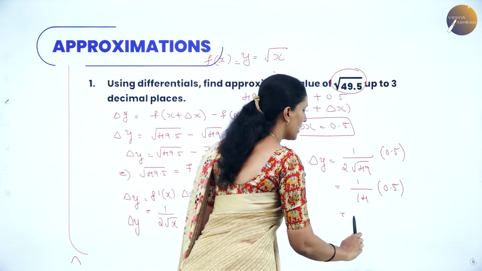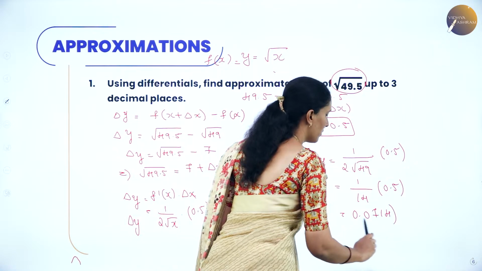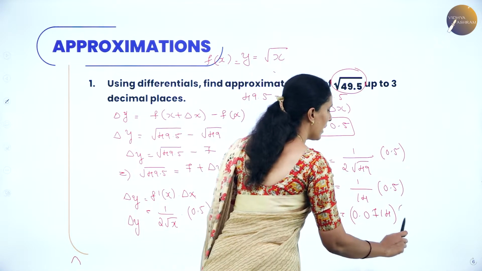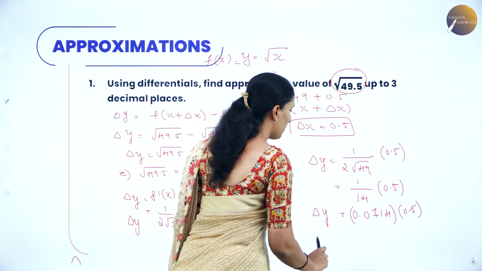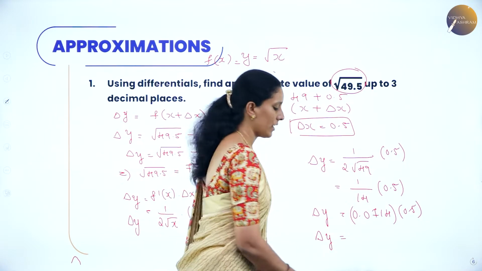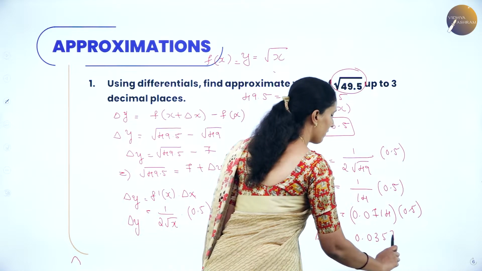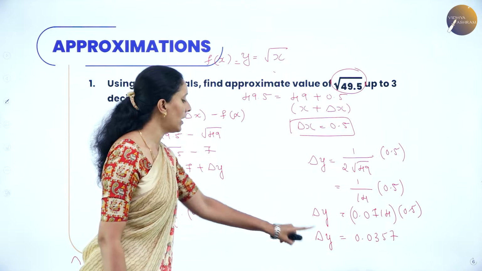So here we get 0.0714, and we multiply it by 0.5. So delta y is equal to 0.0357. Now we got delta y.